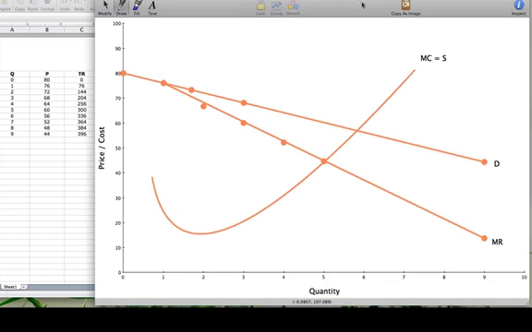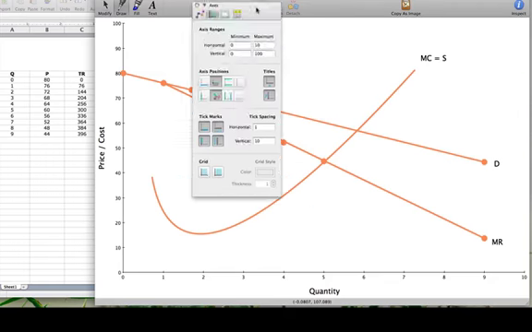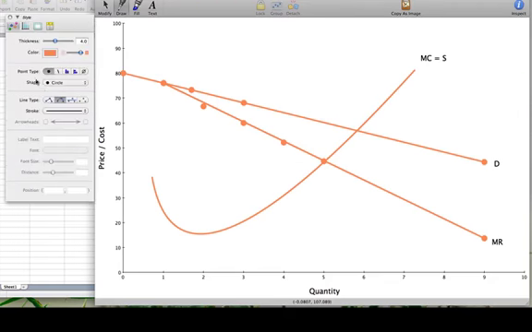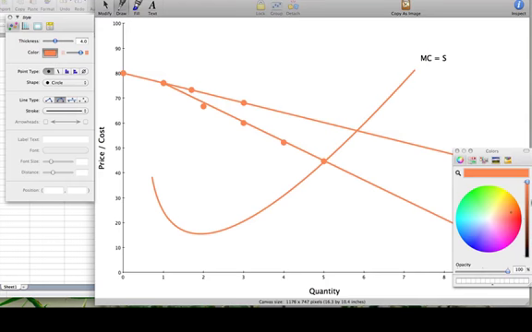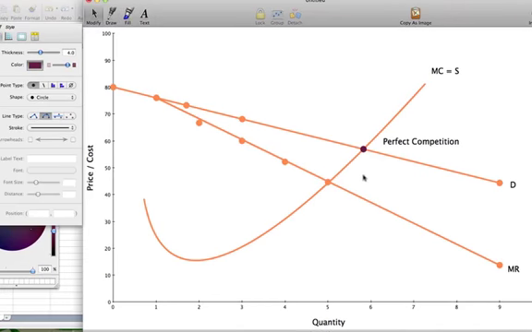So when we look on this graph, let me just change the color so we can see these different points. The point at which supply meets demand tells us the price and quantity we would see in a perfectly competitive market.